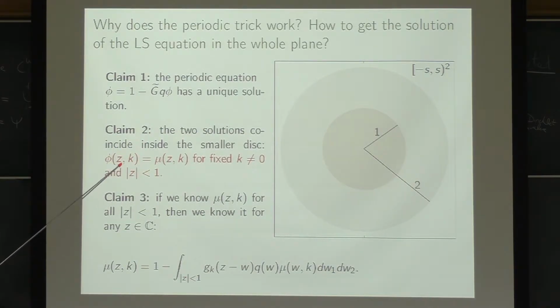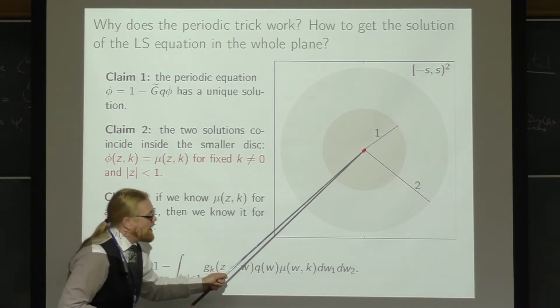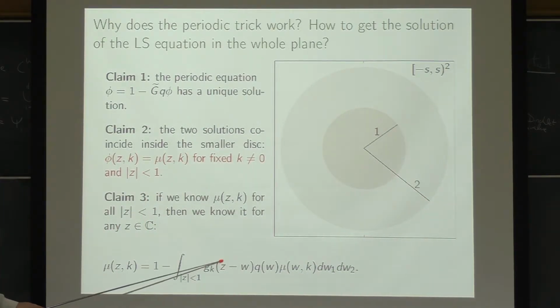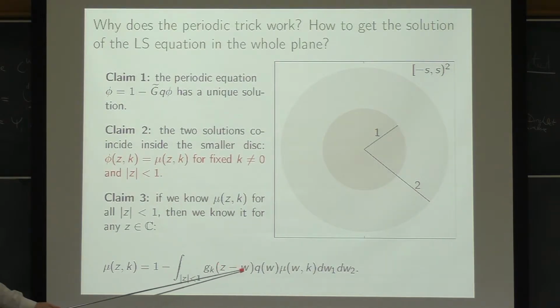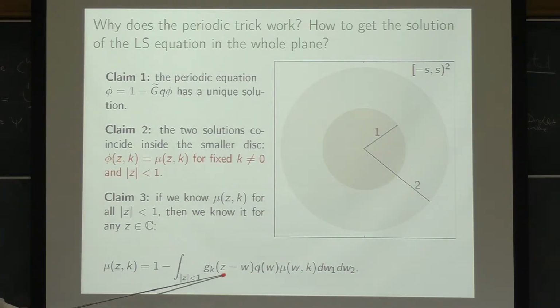The solution of the periodic equation coincides with the solution of the full plane equation inside the unit disk, because the Green's functions are equal up to 2. Because when you look at the convolution, if z and w are both inside the unit disk, then z minus w is inside the disk of radius 2. So it's actually the same value of the Green's function there.